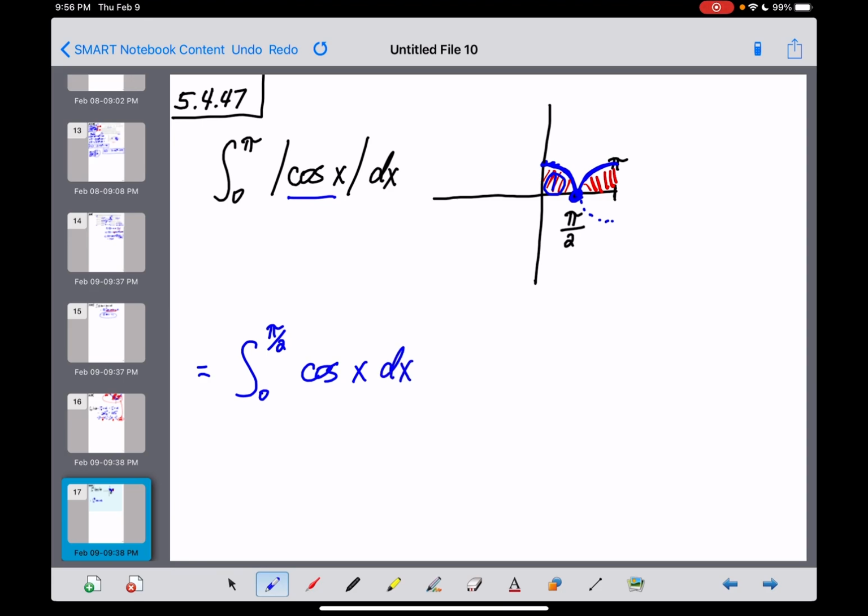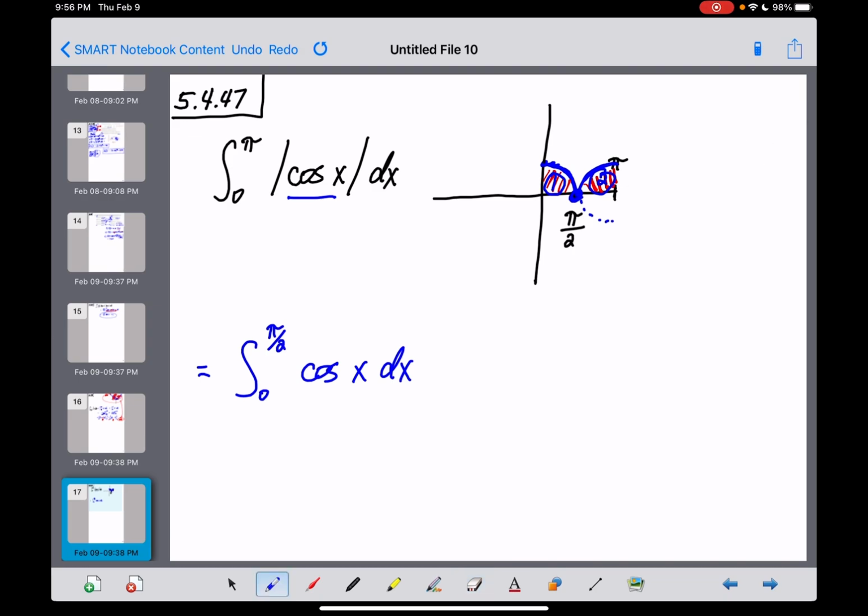Now, if it were up to me, I would evaluate this problem simply by sticking a 2 in front of that integral, because I think everybody can see that region number 2 is symmetrical. It's identical to region number 1, so I could just find the area of region 1 and double it. That would be the smartest way to do this problem. The only problem is that doesn't actually satisfy what they wanted us to do.